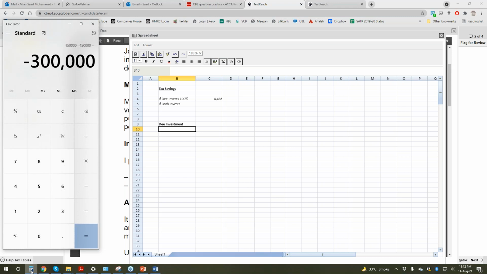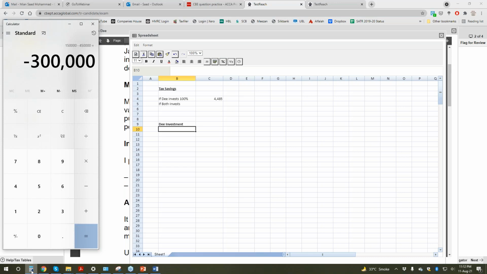Now she further has to invest this, one third in cash and two-thirds in shares.